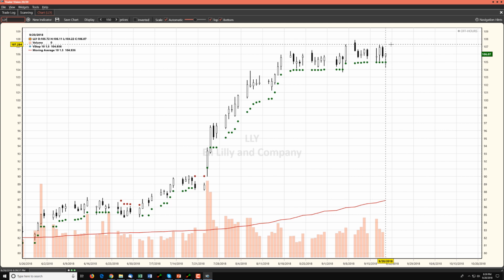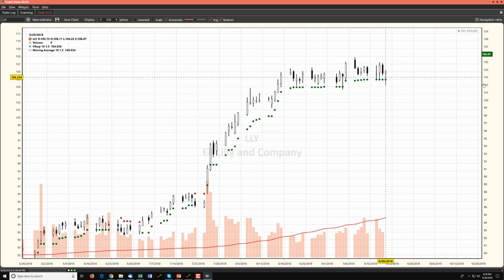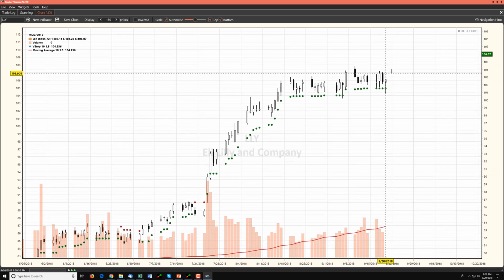I would definitely be looking for my entry up here about 107. I'm not even going to try to plan this out as a stock trade. This would pretty much have to be options. So if you're looking for an entry up in this area, 107 and change, and there's where your V stop is, so someplace in there is where you want to have your stop. That's giving it a pretty big leeway, and let's call it $5.